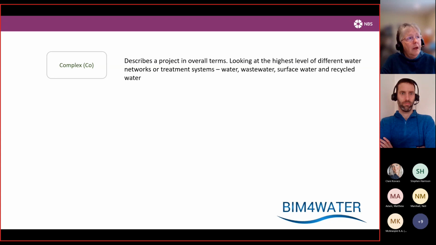And so a complex is a very high level thing, basically. And you can use the description of a complex to cover a huge range of the other tables' classifications.